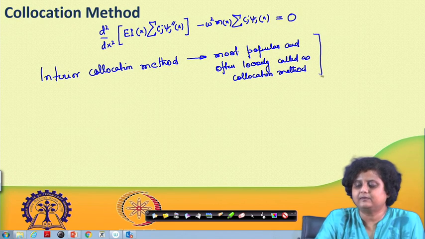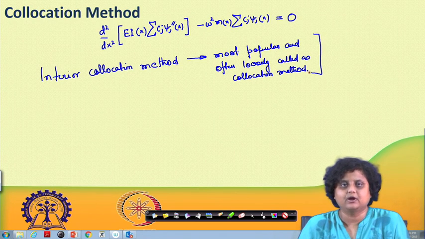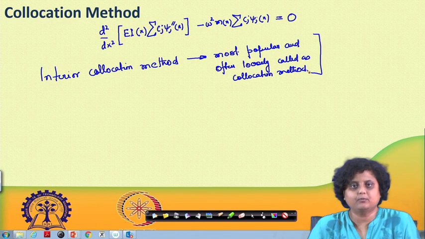What this means is that often when we say collocation method, we by default mean the interior collocation method, though there are other forms of collocation method as well, but the interior collocation method is the most popular one and I will talk about it.